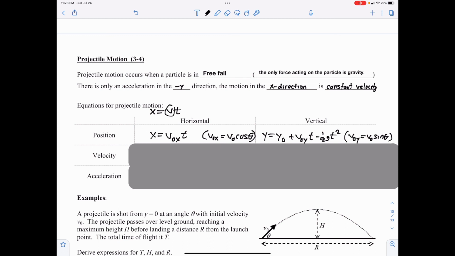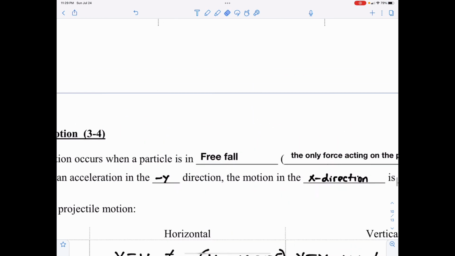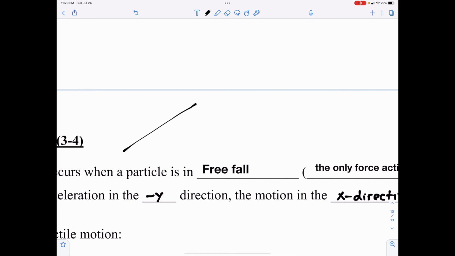And this represents the initial velocity in the x direction. If we take care of our components, our initial velocity in the x direction is going to be v naught cosine of the angle. Let's say we have an object launched at some angle.